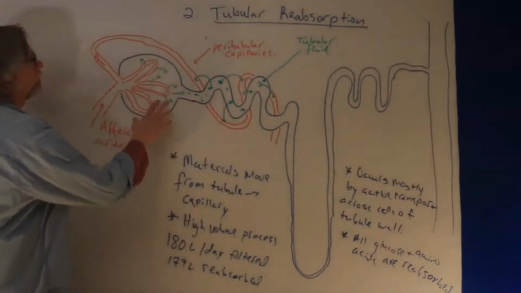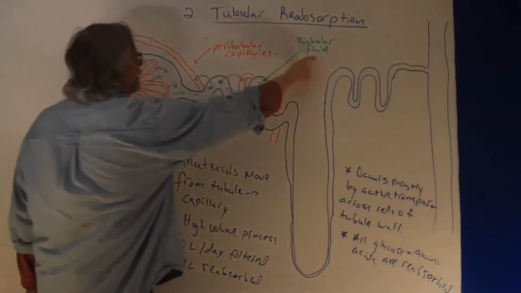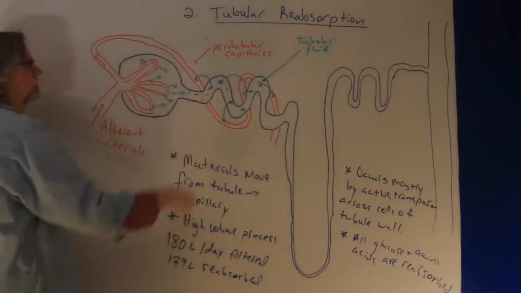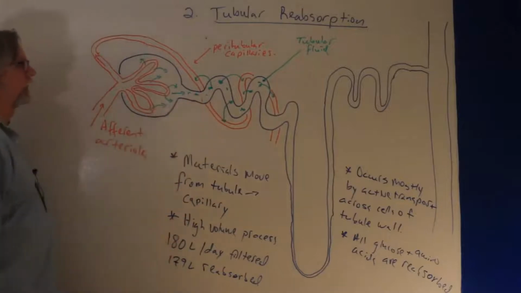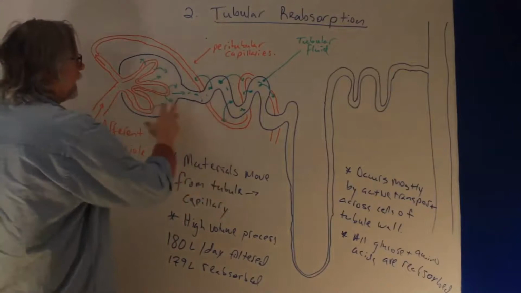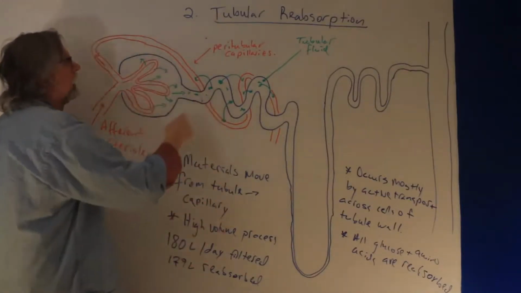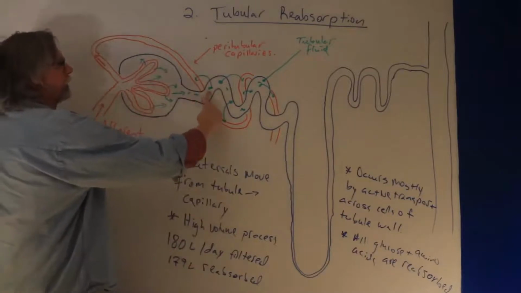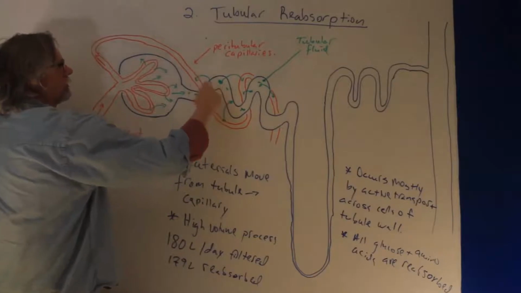As the fluid moves through this tubule, and by the way, the fluid is named tubular fluid inside the tubule. The filtrate here now is the tubular fluid. As it moves through, much of what passed out of the bloodstream is going to be reclaimed back into the bloodstream. So material is going to move from inside the tubule back into the bloodstream.